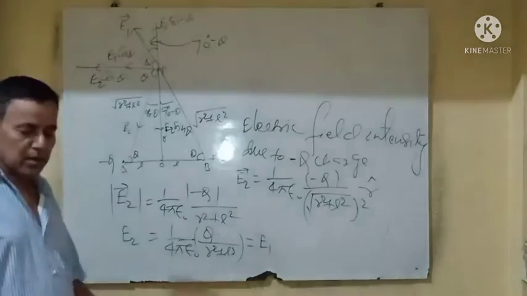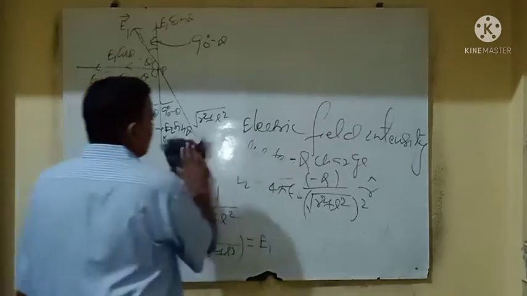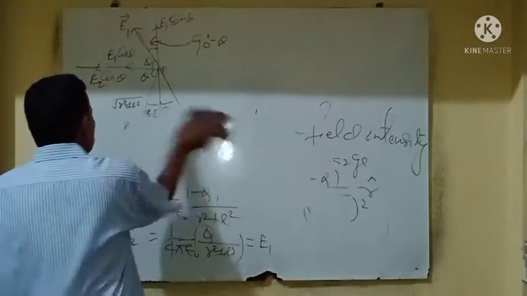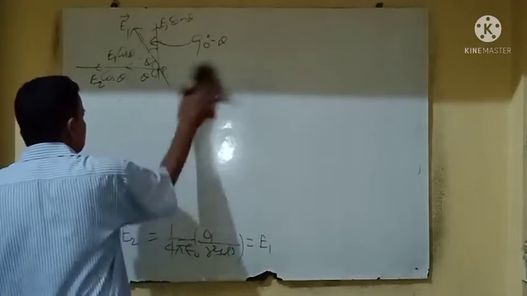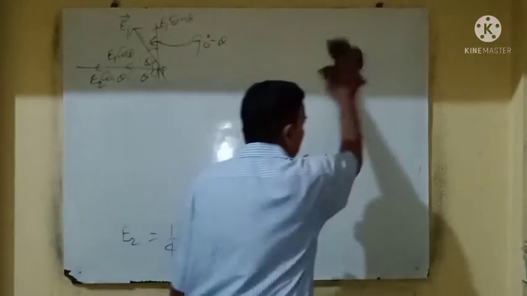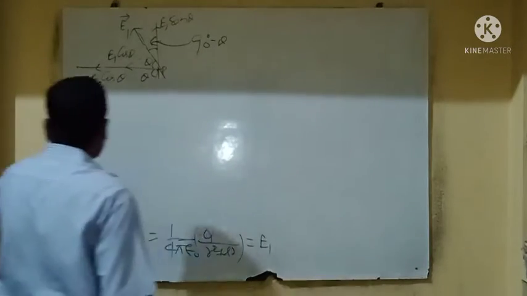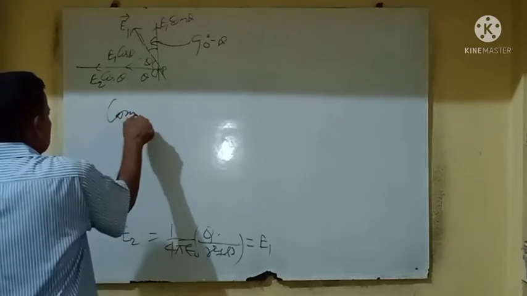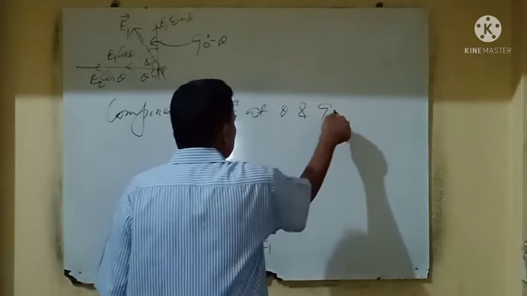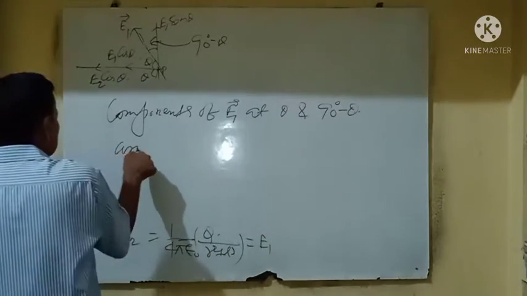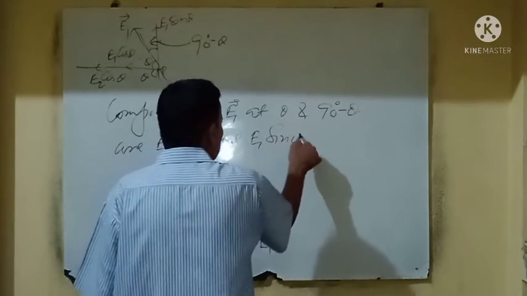So what is the magnitude of the resultant field at the point P due to the electric dipole? The components of E1 at theta and 90 degree minus theta are E1 cos theta and E1 sin theta respectively.